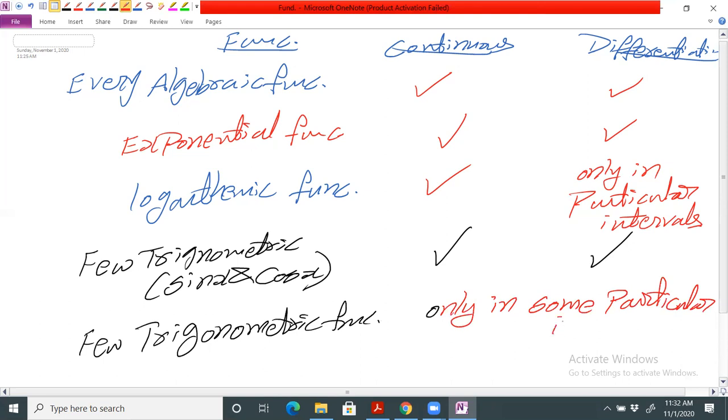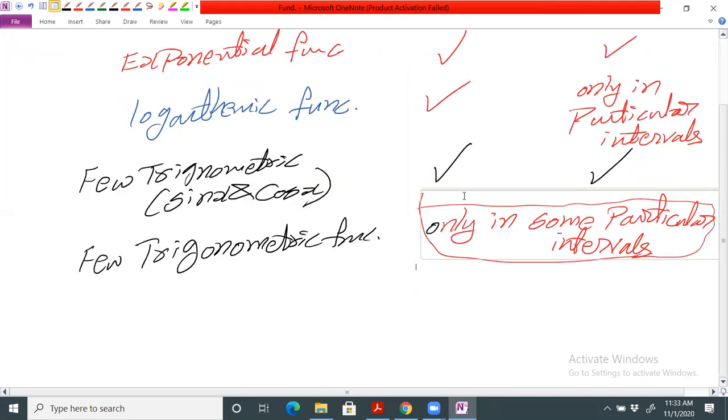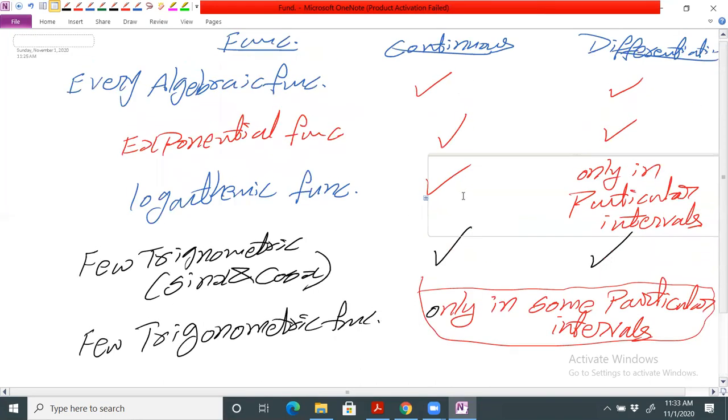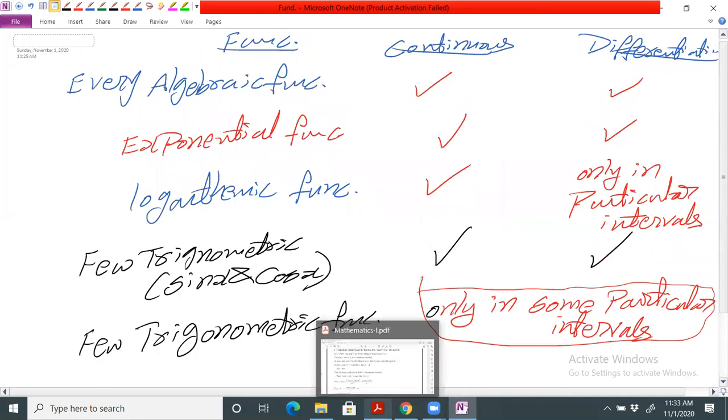So this applies for continuity as well as differentiation. A very important point, this is the one we have to remember. When I take a problem, I'll explain it, no problem.